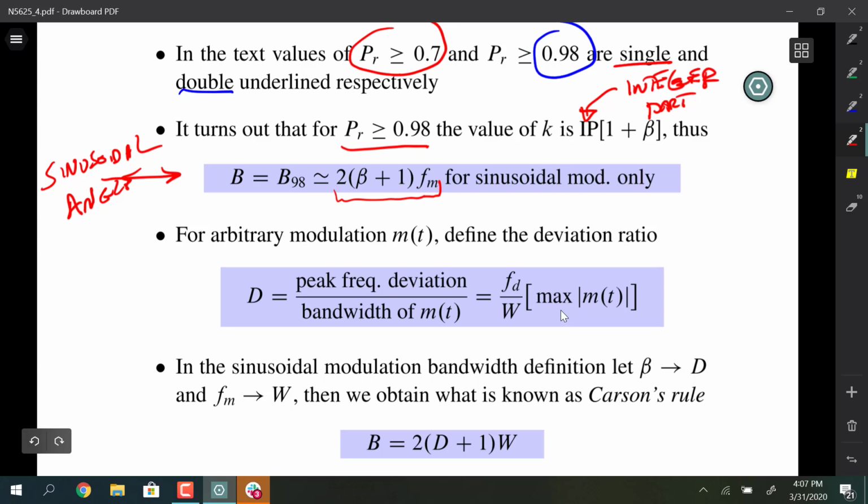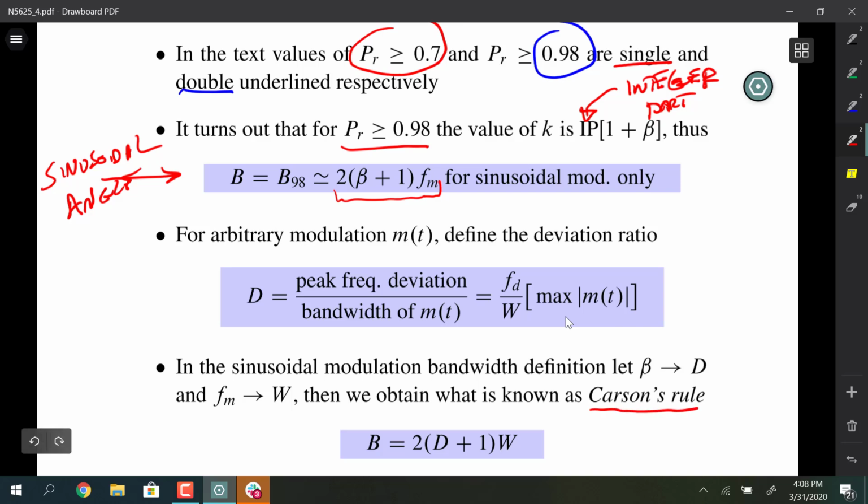I don't really care about the single underline. I only care about the double underline on the table. But 2 times (beta plus 1) times fM is going to be our formula for getting the bandwidth of a sinusoidal modulation. But then we want to move to a general result where we have a general signal, not just a single sinusoid. Then we can move to a more general result known as Carson's rule.